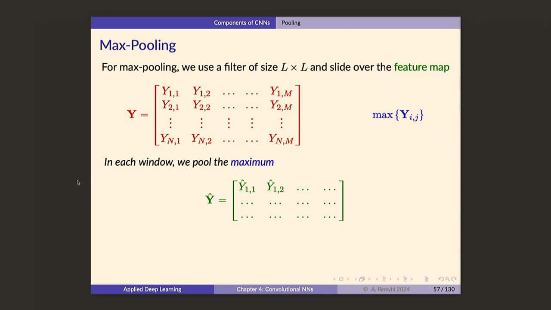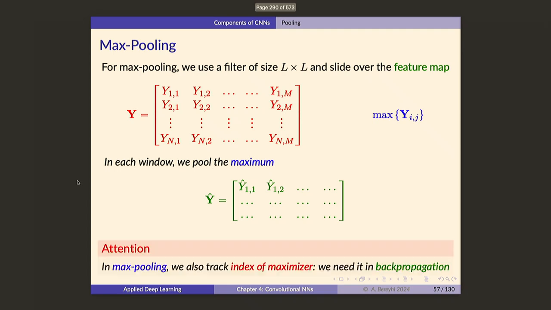The only difference is that when you slide your filter, you don't do any linear combination. You simply take the maximum value, which is somehow a linear combination, but the weight of the maximum value is 1 and the weight of everybody else is 0. Correct?